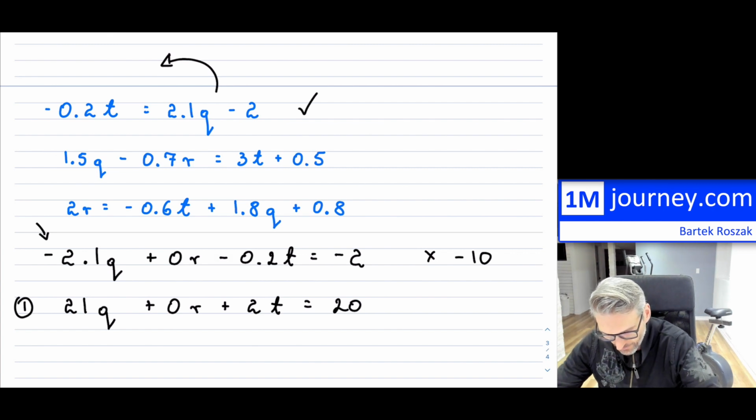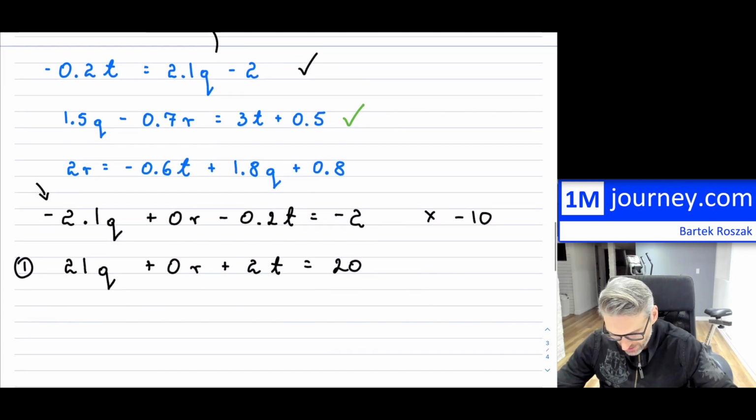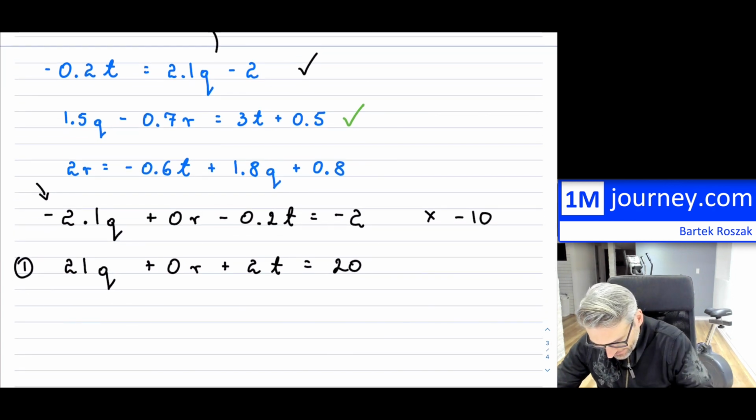Now for number 2, I'm going to switch things around again. So Q, R, T. That's going to be 1.5. Let me multiply this by 10, so this is going to be my equation 2. This is going to be 15Q, minus 7R.